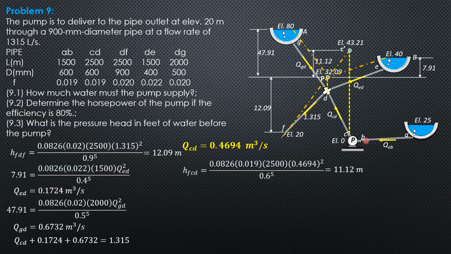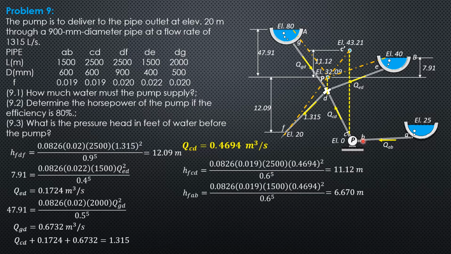Then we compute the energy level at B by computing the head loss in pipe AB. hf AB equals 0.0826, friction factor 0.09 also, length 1,500, discharge the same 0.4694 squared, over diameter 0.6 to the fifth. So head loss is 6.67 meters.